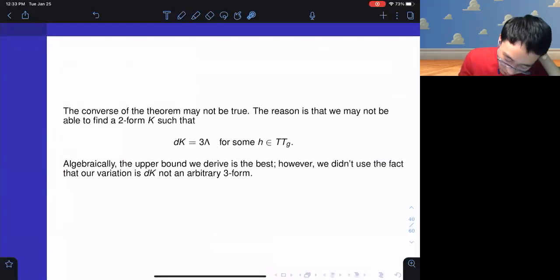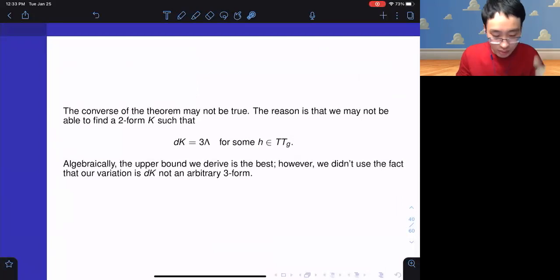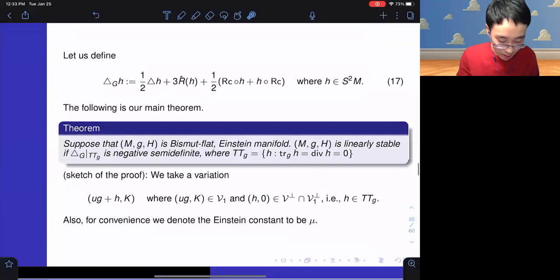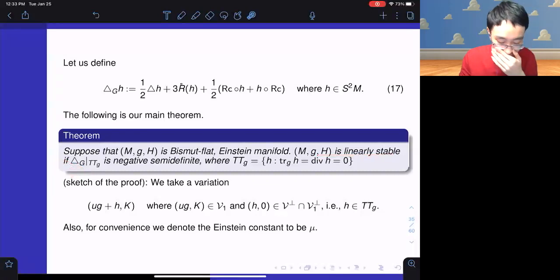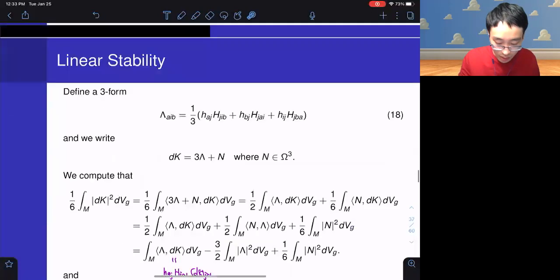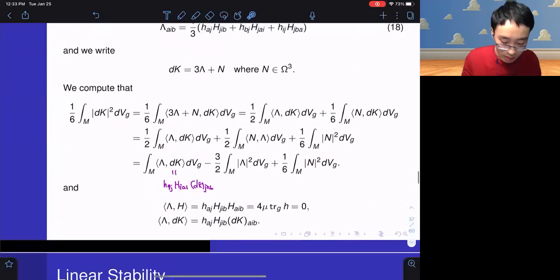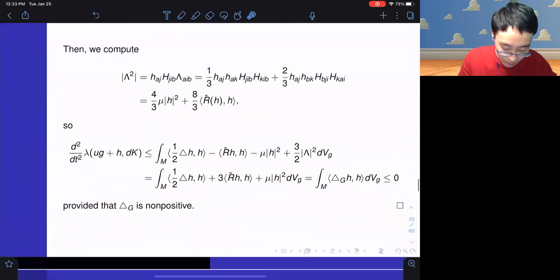Okay, so there's one point I want to mention. You can see that in my theorem, I didn't say that linear stable implies that Laplacian G is negative semi-definite. It's not true, because you can see that the critical point of my computation happens when dk is redundant.